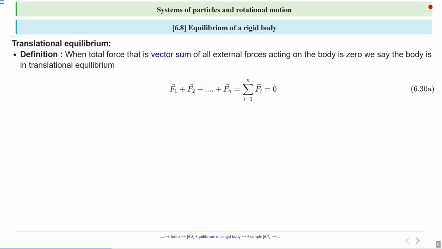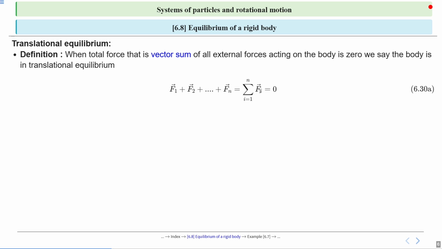So the net, or we can say the total force, that is the vector sum, will be F1 plus F2 plus up to Fn. This addition shows the vector sum of all external forces acting on the body is equal to 0. Listen carefully. Here we talk about translational equilibrium. So the net vector sum of all external forces on the body is 0.